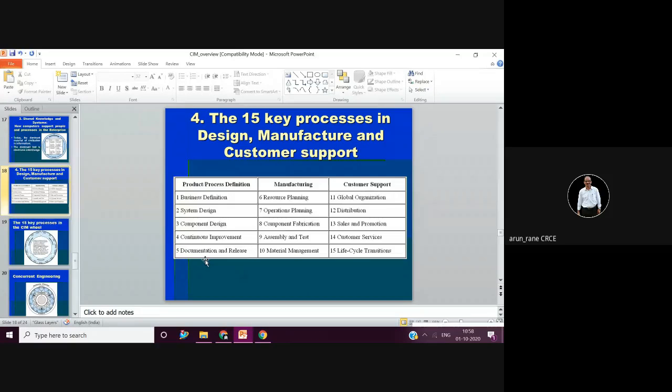Documentation and release is important because if you want to go into exports, basically, then you have to be certified. ISO certified, BVQI certified. So the certification is important. That is what the documentation is for.